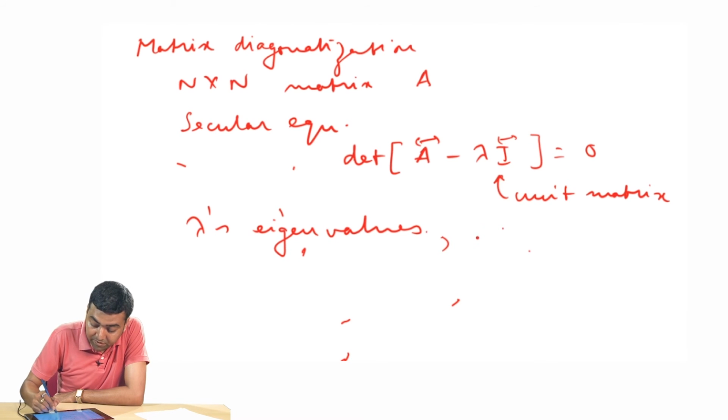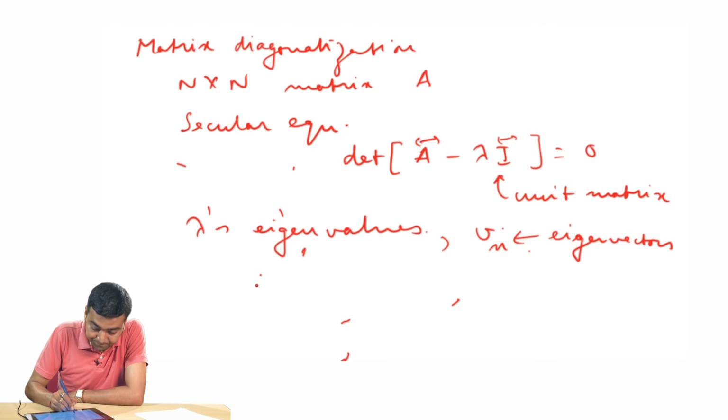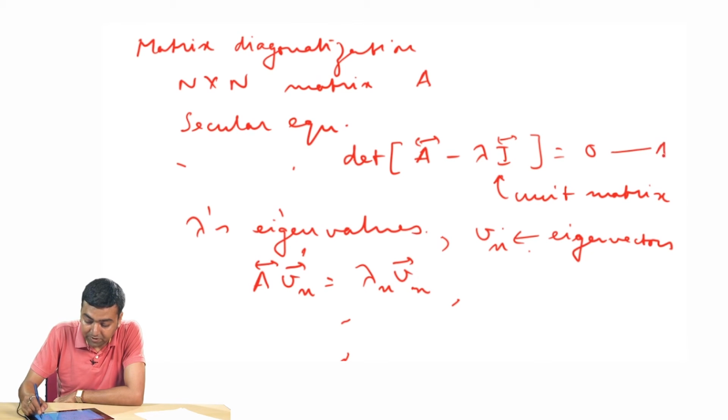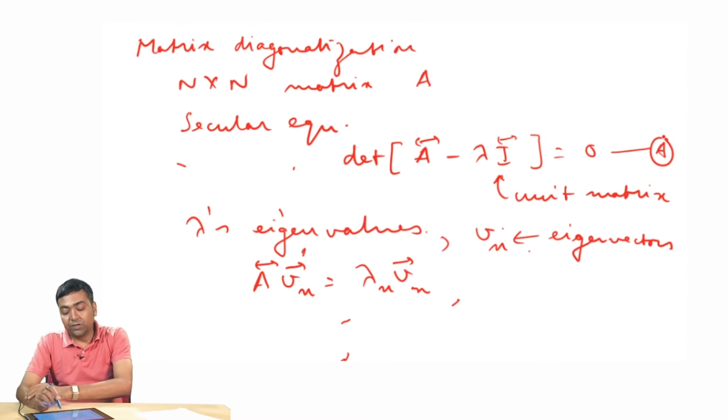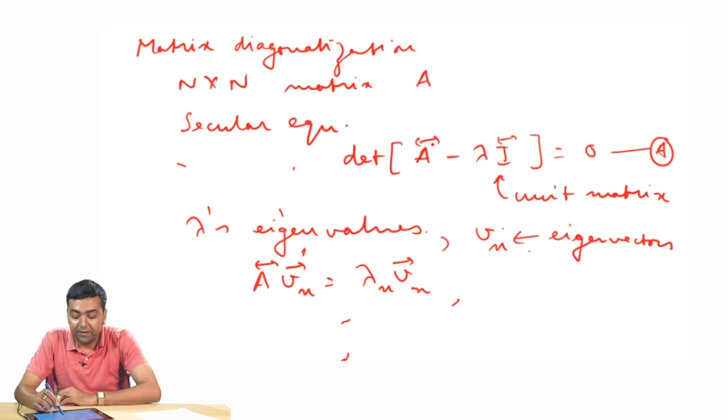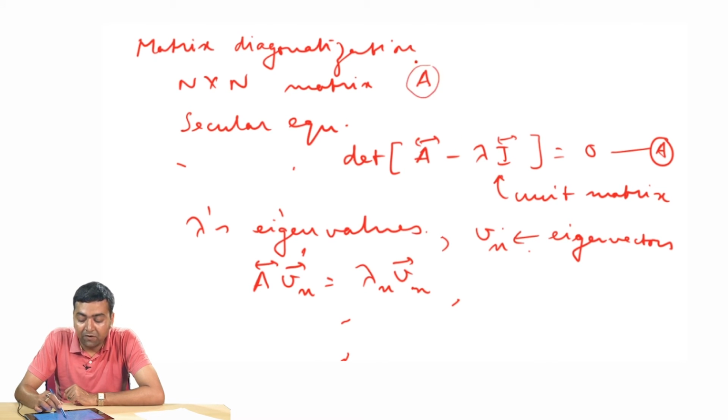If I denote my eigenvectors as V n, then basically A V n equals lambda n V n. This I am calling equation A. Now, usually the dimensions of this matrix A in our problems are a few million by million, a very huge matrix.